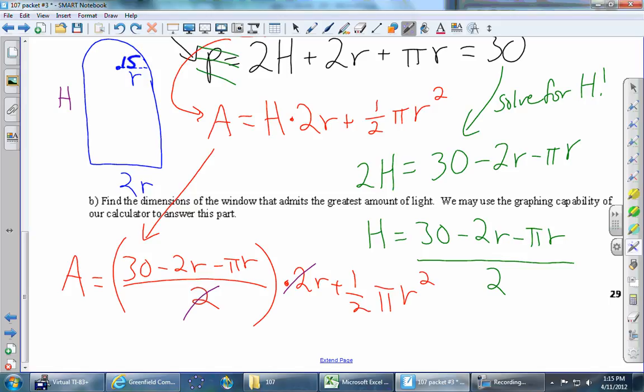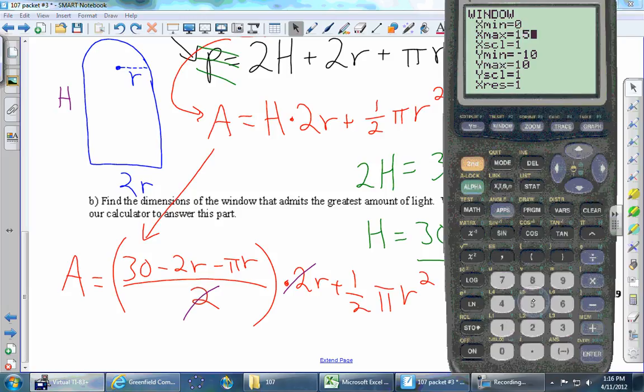If that's 15, the radius, then what about that perimeter? Is that more or less than 30? It's more, because if that's a 15, and so is that, and this is further than the straight line. So I can't even go up to 15 on the r. You could find out exactly how far you can go, but we'll just call it 15, it's fine. But definitely can't go forever.